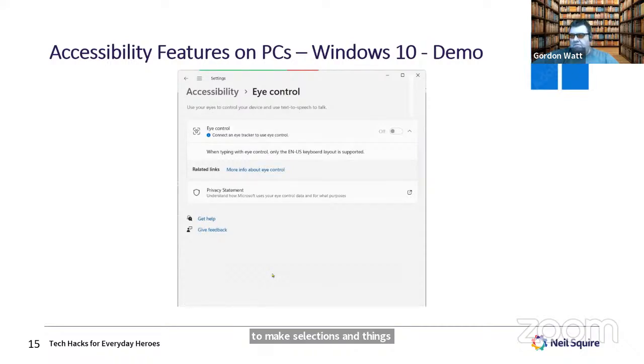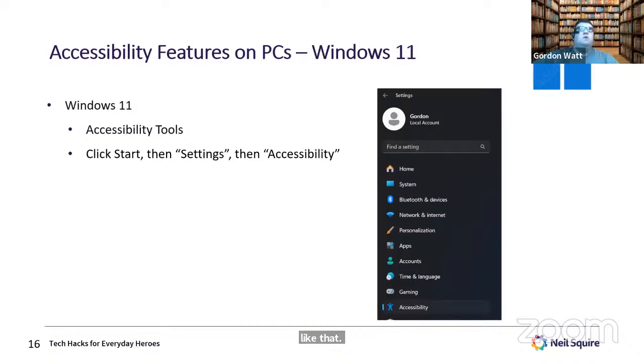Let's move on, and I'm going to touch upon Windows 11. So Windows 11 is very similar to Windows 10 with its accessibility. You're accessing it in the same way. Instead of it being ease of access, though, you're selecting the Windows Start button and going into settings and then accessibility again.